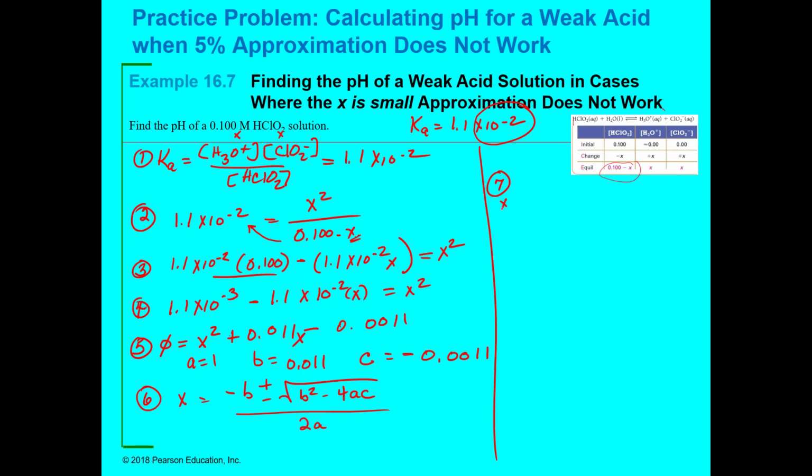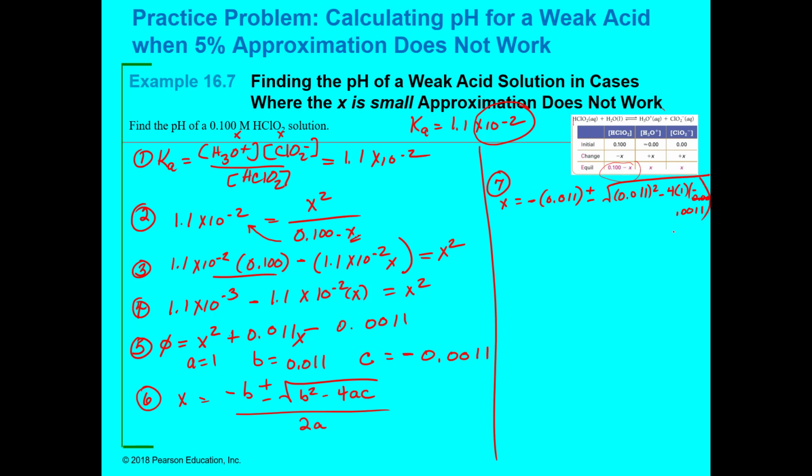So x is equal to the negative of negative 0.011 plus or minus the square root of 0.011 squared minus 4 times 1 times negative 0.0011.